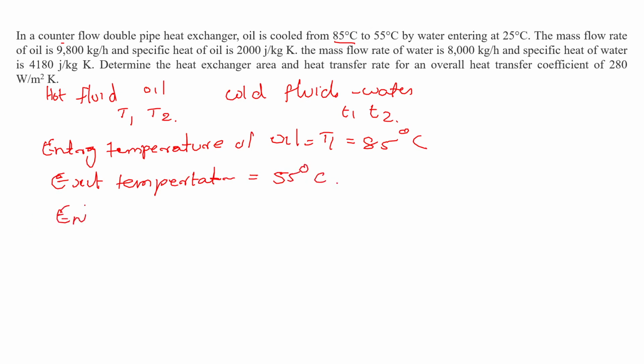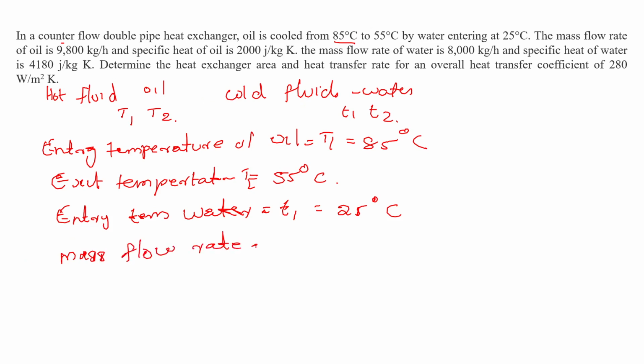Entry temperature of water, we are taking as t1 small letter, it is 25 degrees Celsius. These details are now available. Now what are the other two things given? Mass flow rate, right? Mass flow rate of oil is given, that we can write as mH. It is 9800 kilogram per hour.